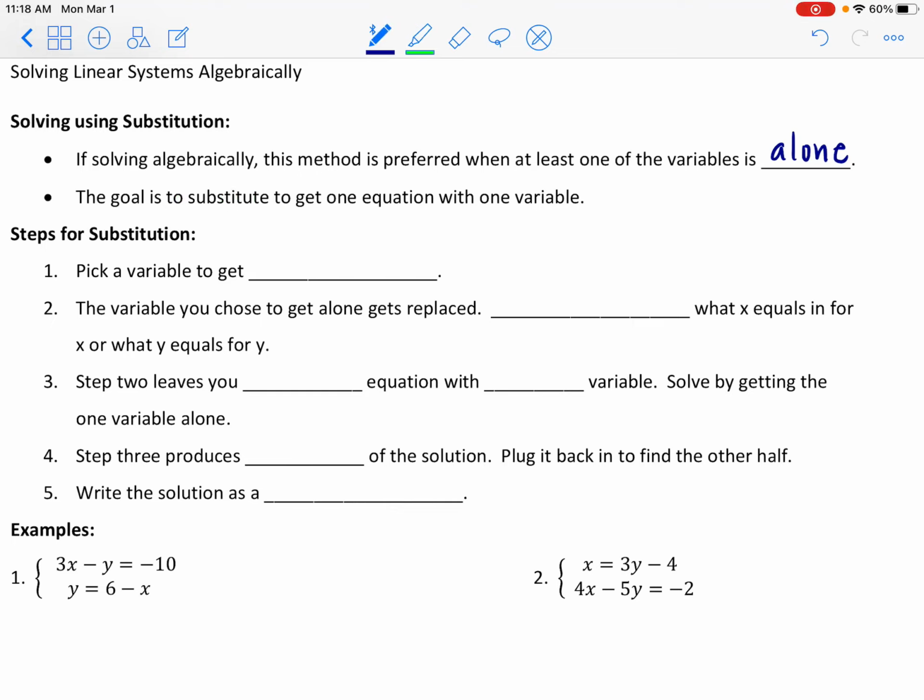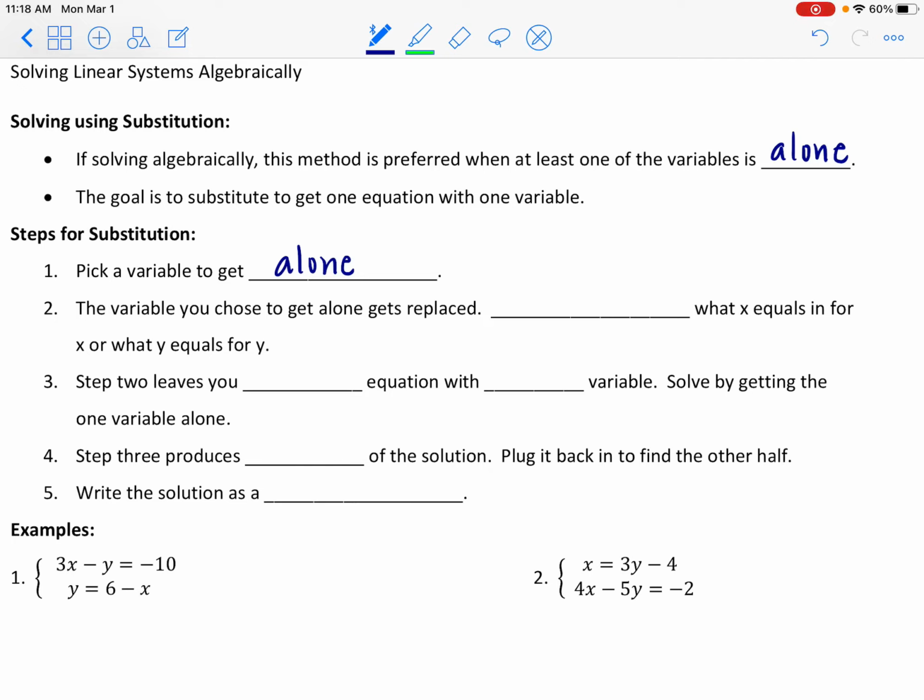But let me give you some steps and then I'll walk you through how to use them. So if you don't already have a variable alone, and ideally you would, then you would pick one to get alone. And so you can solve one of your equations for one of the variables if you don't have that situation already. And the variable that you choose to get alone is going to get replaced in the second equation.